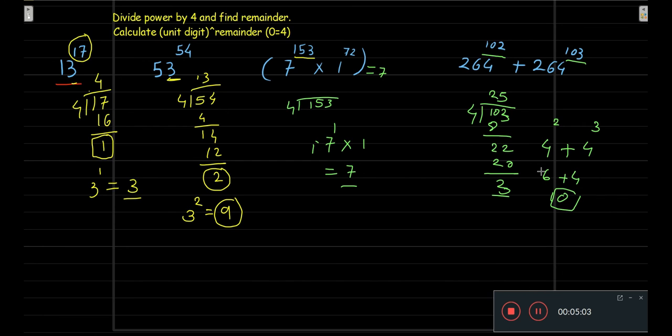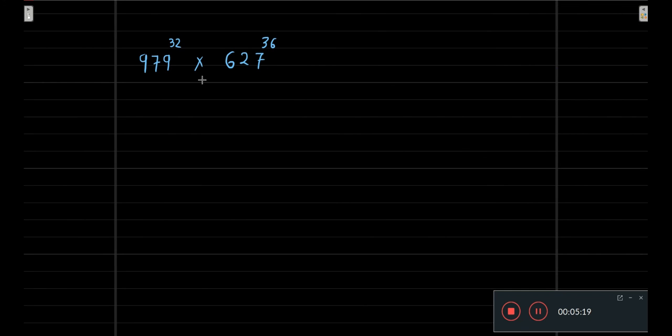Now here one thing to keep in mind: if the remainder is 0, then we have to take it as 4. Let's do the same trick for this expression.